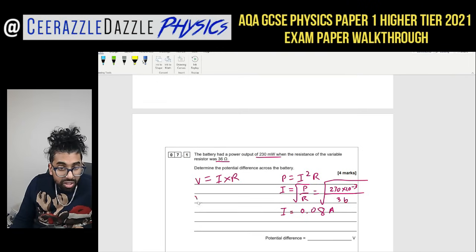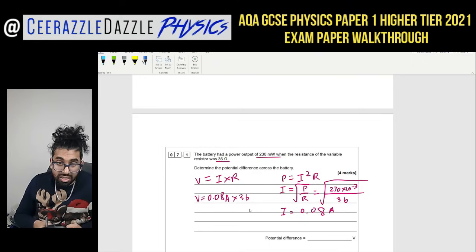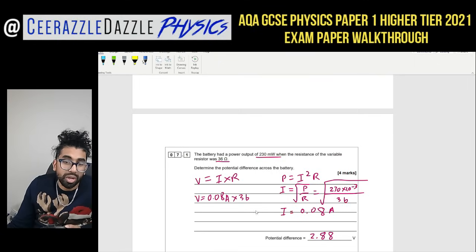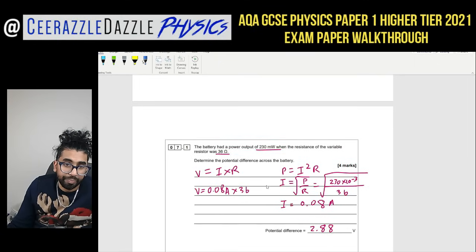And now look, I can use it over here. V is equal to 0.08 amps times the resistance of 36. My answer is going to be 2.88. That's going to be my value for the voltage here. So yes, two equations to work this out.